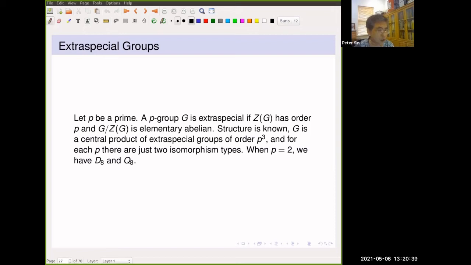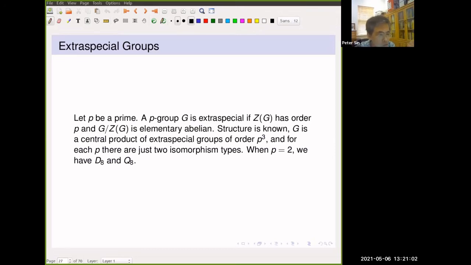Okay, so let's look at extra special groups first. Let P be a prime. A P-group is extra special if the center has order P and G modulo the center is elementary abelian. The structure of extra special groups is well known.